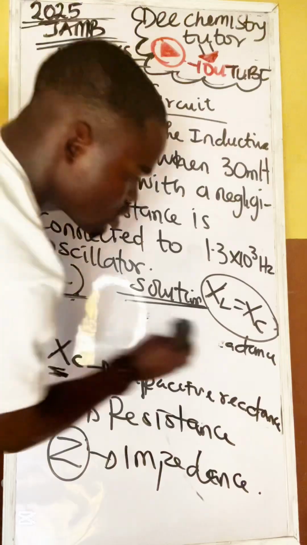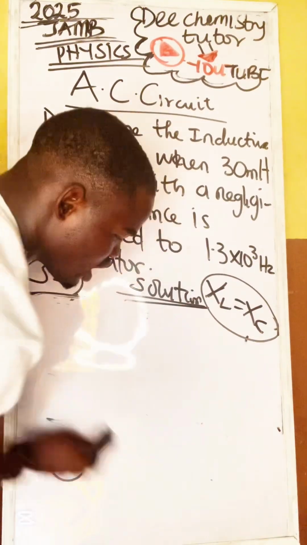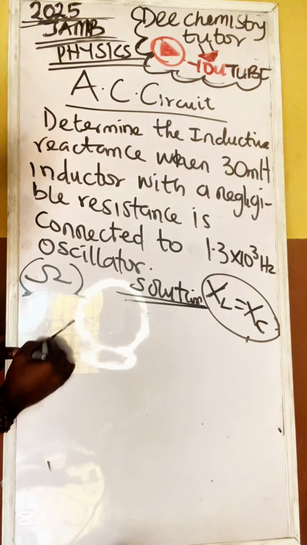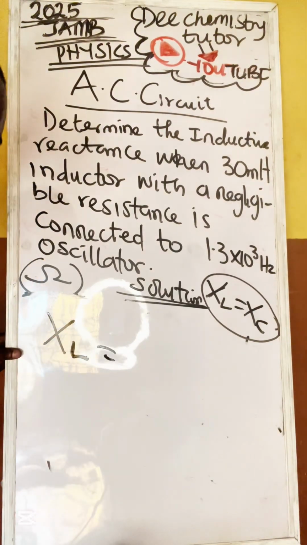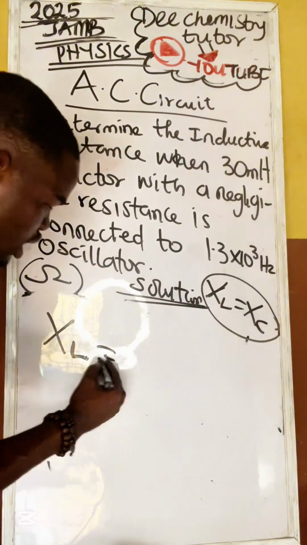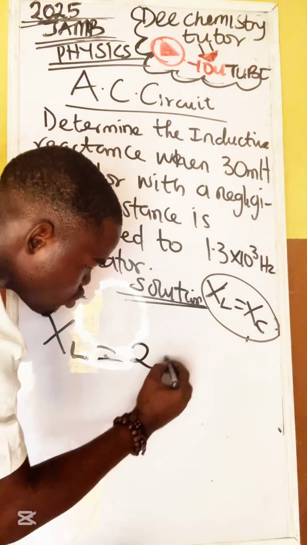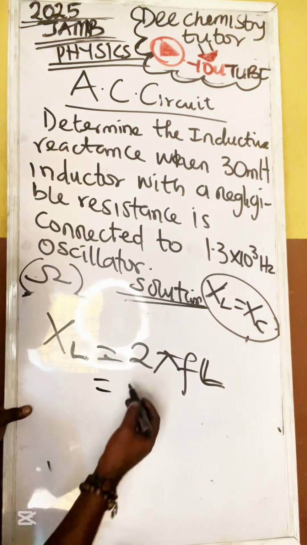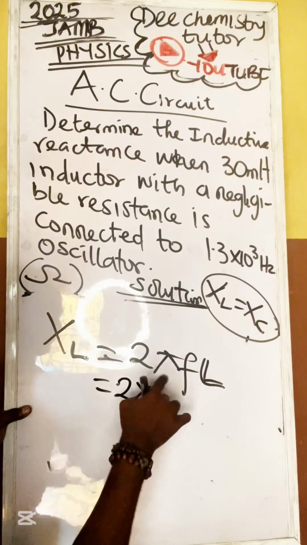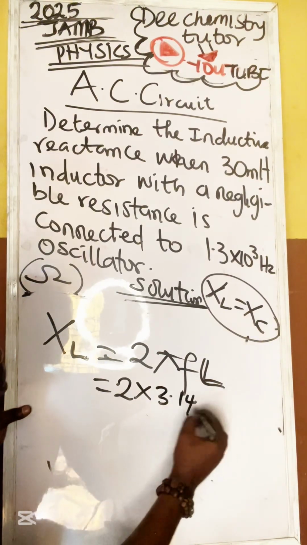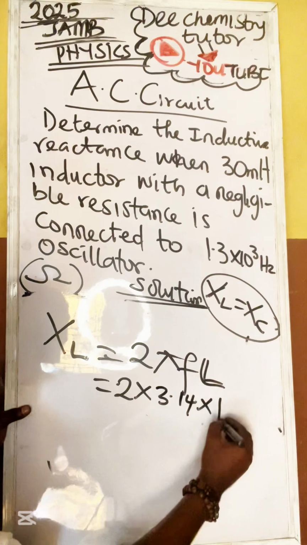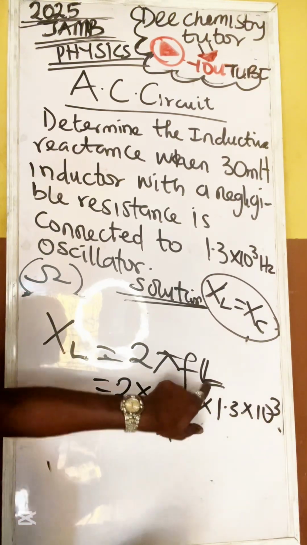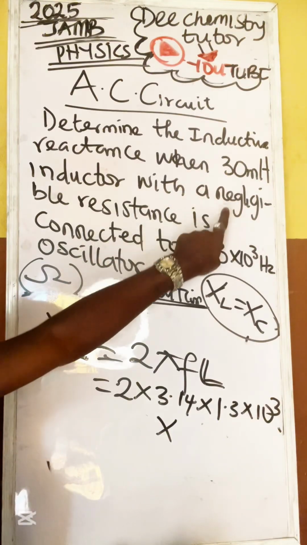We already established the fact, but the question is, what is XL? XL, which is the inductive reactance, is equal to 2 pi f L. Now, from here, 2 times pi, which is 3.14, times the frequency, given as 1.3 times 10 raised to power 3, multiplied by L, the inductor, which is given as 30 millihenry.